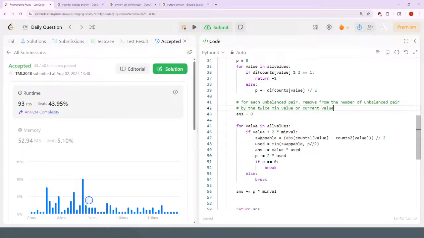That's a poor explanation, but swappable will be just half of the diff counts of this value.